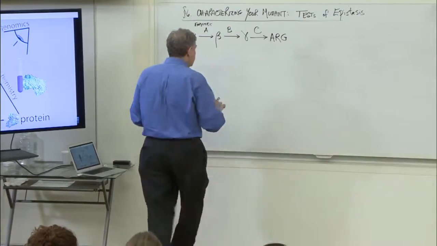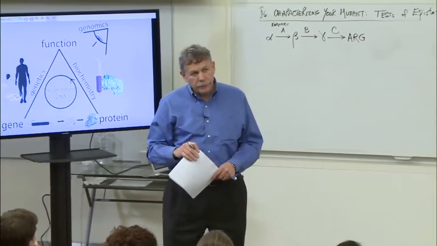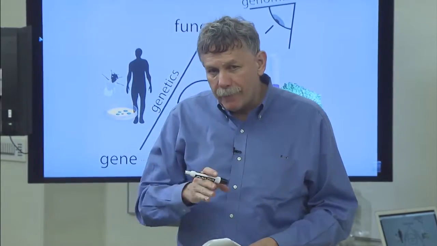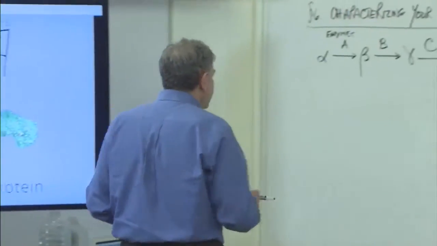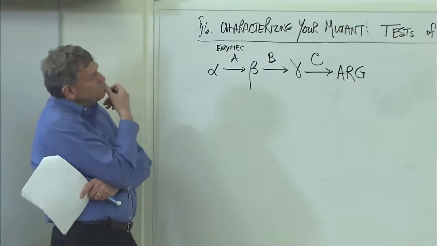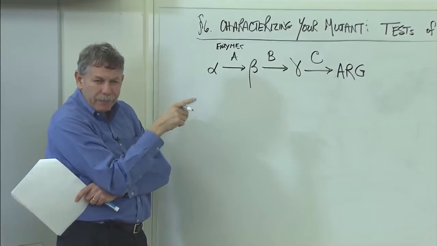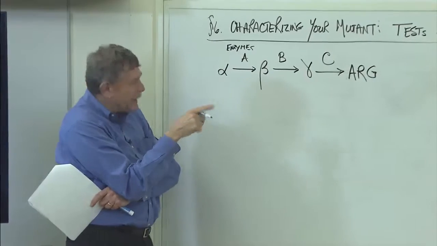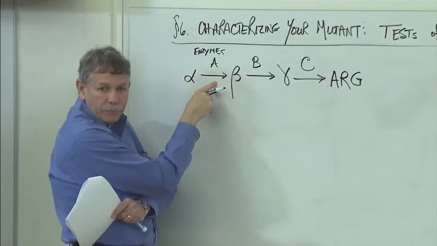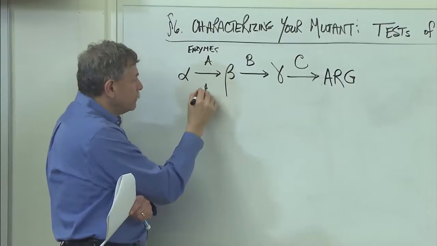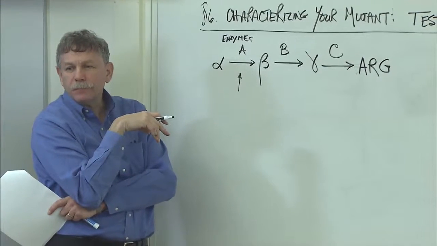If a biochemist thought he knew what that biochemical pathway was, he could begin to think, if I have a yeast that can't make its own arginine, and it was due to a defect in that gene, how might I rescue it?